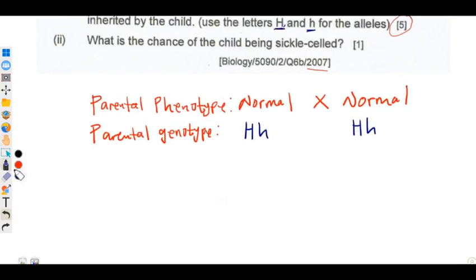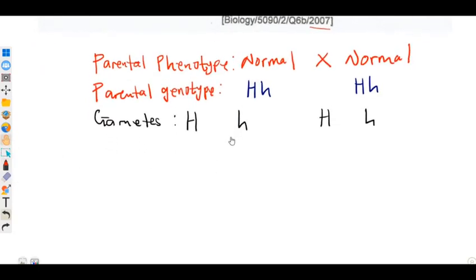After the parental genotype, we are going now to come up with the gametes. Under the gametes, we are just going to separate them. You write H here and the small letter h here. Again, capital letter H here and small letter h there. After writing that, we are going to cross them.